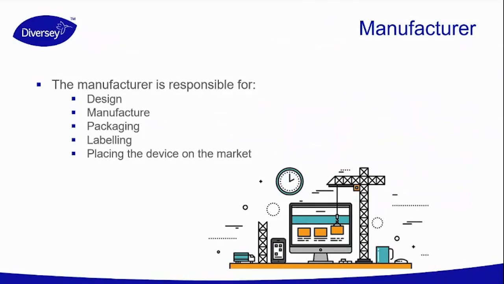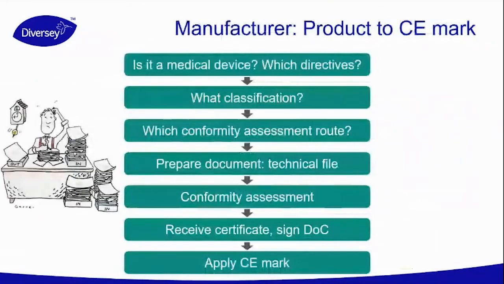market. But how does it work from the manufacturer to the application of the CE mark? First we need to ask, is the product that I want to put on the market a medical device? Which directive or which regulation applies? Then what is the classification of my medical device? Which conformity assessment route should I take?